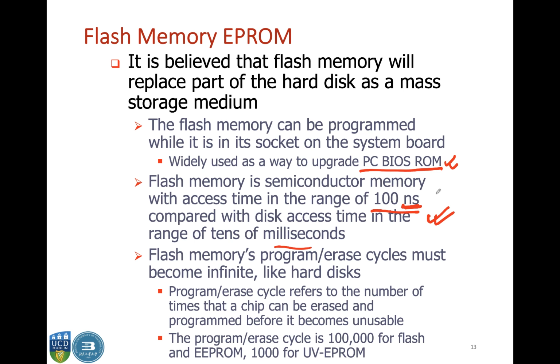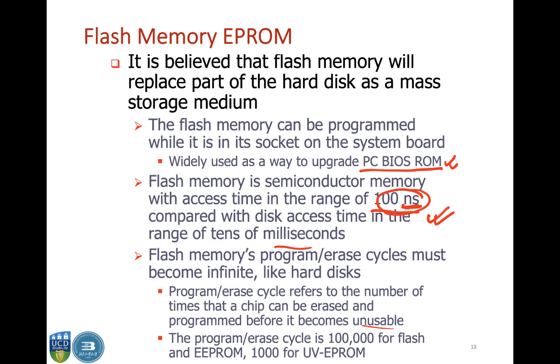You need a faster ROM, and the flash memory conforms to that. Flash memory's program erase cycles must become infinite like hard disks. So you can program and erase these flash memories a very large number of times. The erase or program cycle refers to the number of times that a chip can be erased and programmed before it becomes unusable.